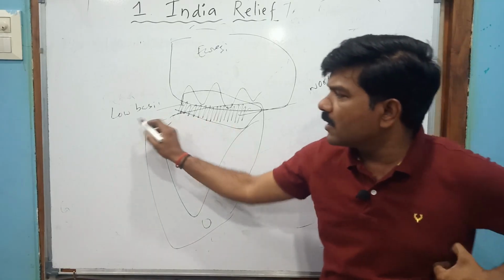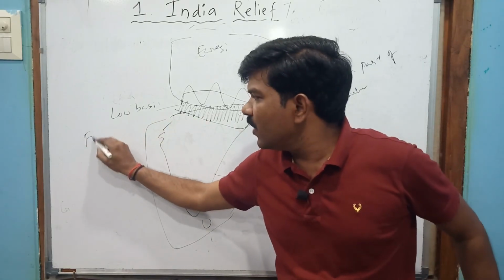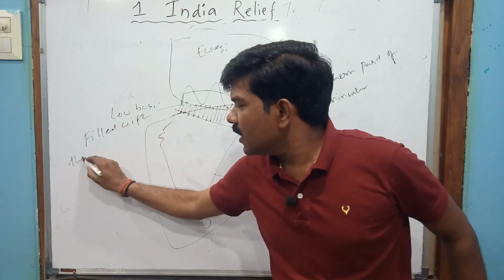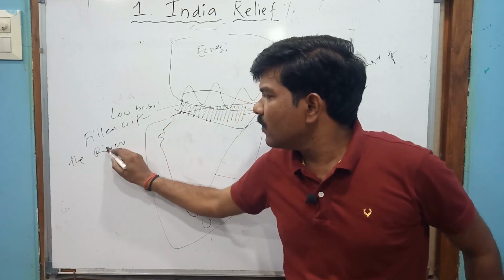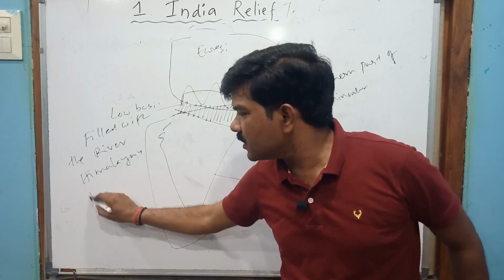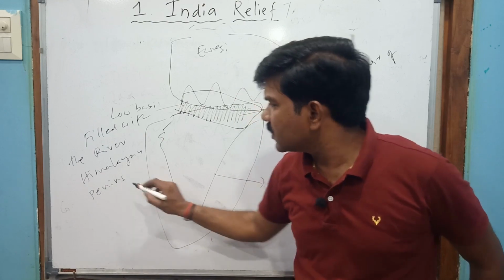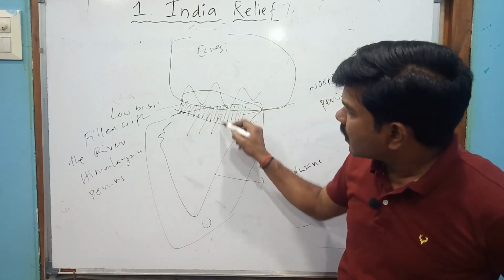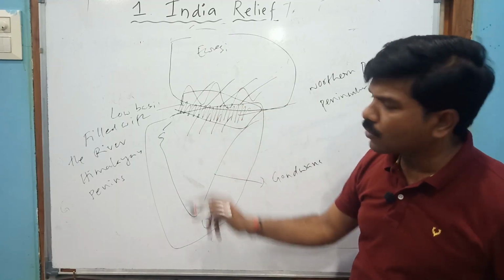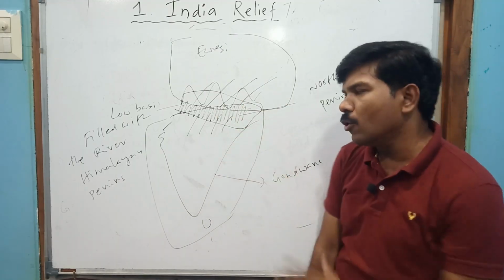So this low basin was filled with rivers. What rivers? Filled with the Himalayan rivers and peninsular rivers. Some of the peninsular rivers flowed to this area. Some of the Himalayan rivers also flowed to this low basin area.